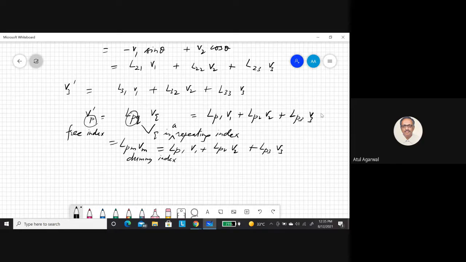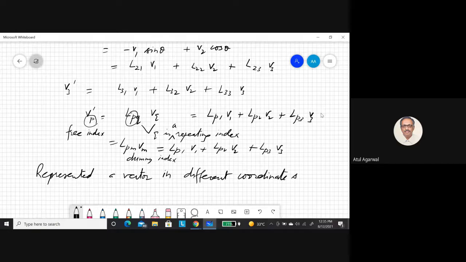Okay. So now what I have done is simply represent a vector in different coordinate systems. Vector components depend on the coordinate system, but not the vector. The vector stays the same.